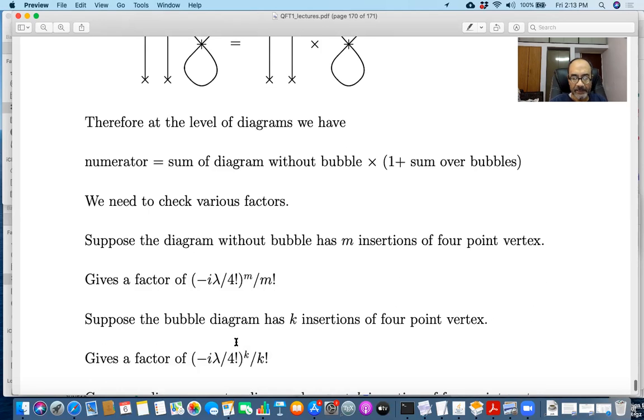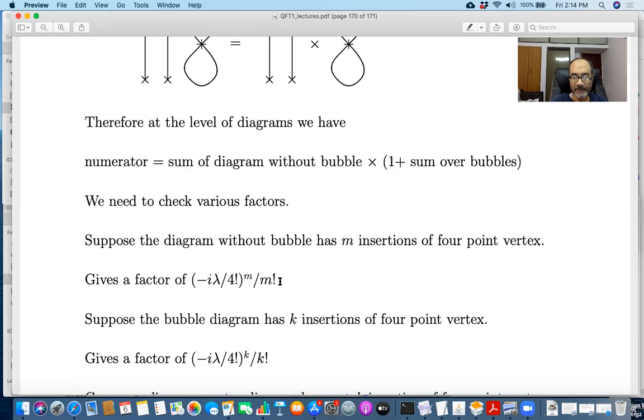Okay. So let me explain what I mean by this. So let's suppose that we have a diagram without bubble which has m insertions of 4-point vertex. And we have a bubble diagram which has k insertions of 4-point vertex. Now, when you think of this as really a diagram without bubble, then the factor that we will get is (minus i lambda over 4 factorial) to the m over m factorial times the combinatoric factors, which we'll be counting later.